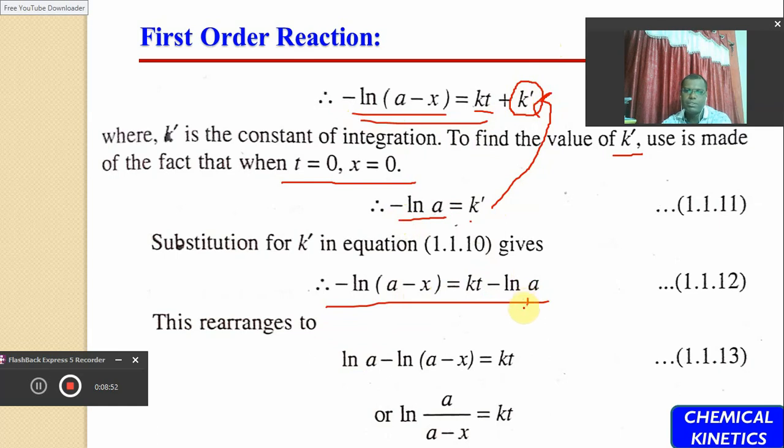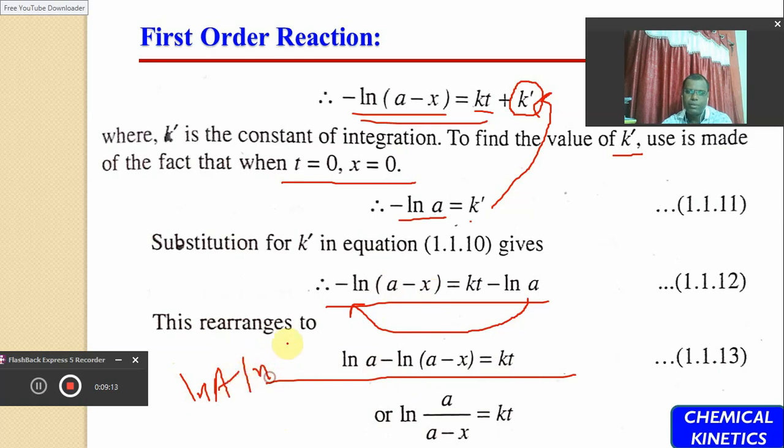Now I will transfer this minus ln of a to this side, so it becomes ln of a minus ln of (a minus x) is equal to k into t. Dear friends, this is a simplification in mathematics: ln of a minus ln of b is always equal to ln of a upon b, remember that.